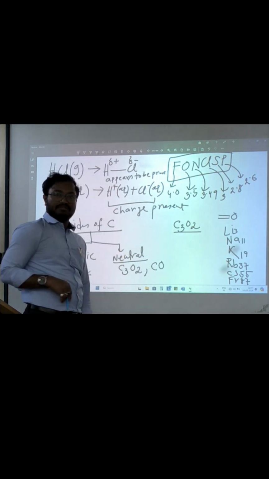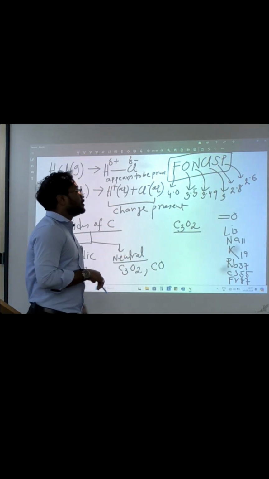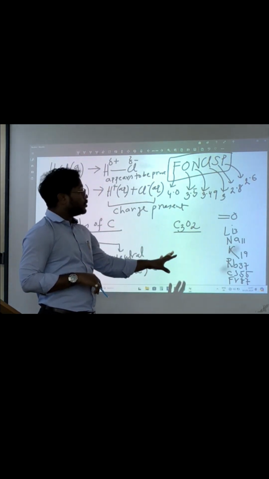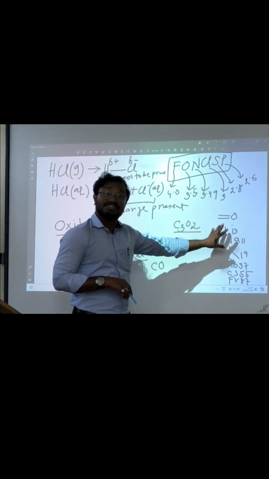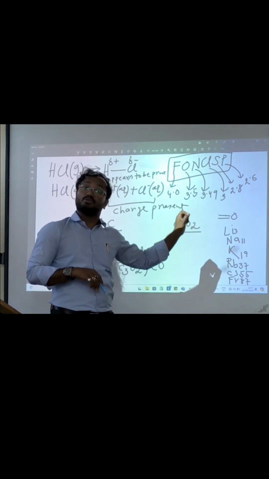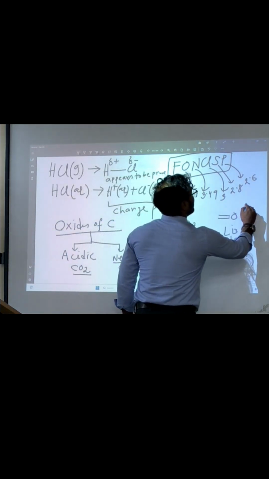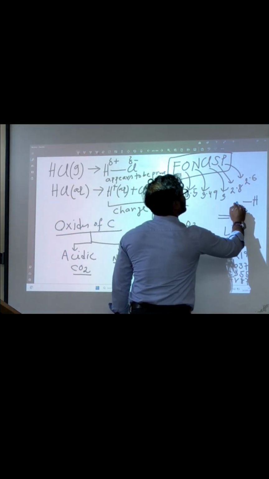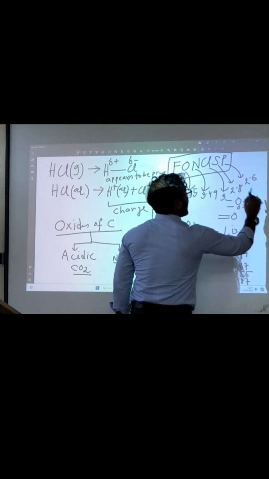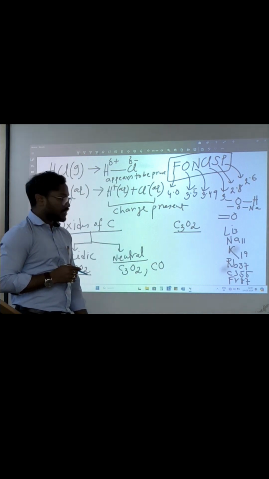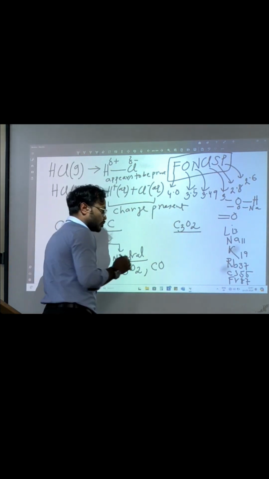These are the respective atomic numbers of the elements. So in case of C3O2, we are going to find out. For that we need to know this. If oxygen is present with alkali metal or hydrogen, we will keep hydrogen or the alkali metal in the terminal position like this, and we will find out the oxidation state. Now let's see in case of C3O2.